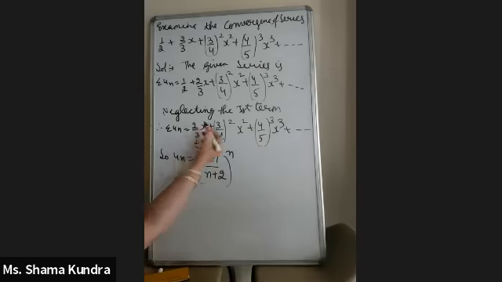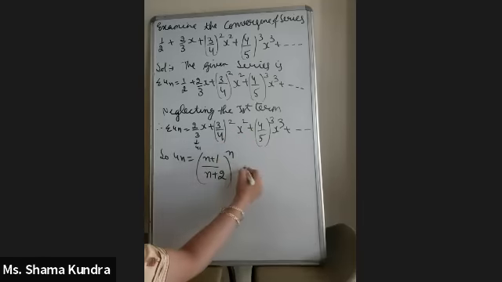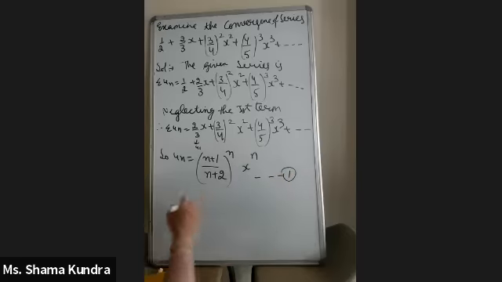For the first term the power of x is 1, for the second term the power is 2, for the nth term the power is n. Let it be first. On account of symmetry, you can check whether u1 is correct or not. Put n equals 1, we get u1. Put n equals 2, we get u2. Therefore, it is correct. Now, the whole power is n.